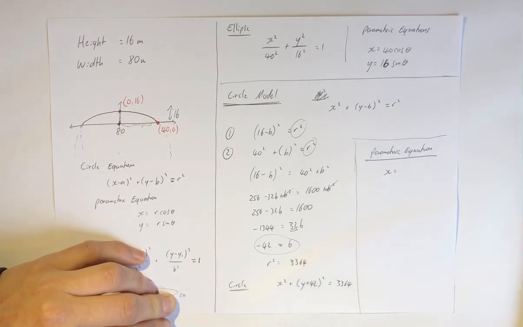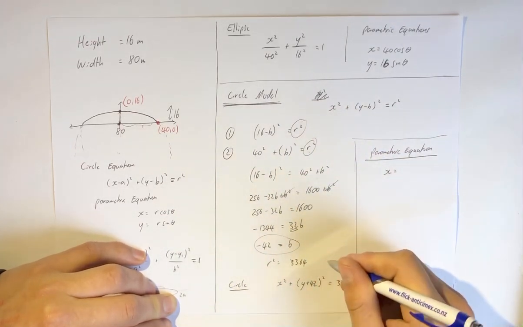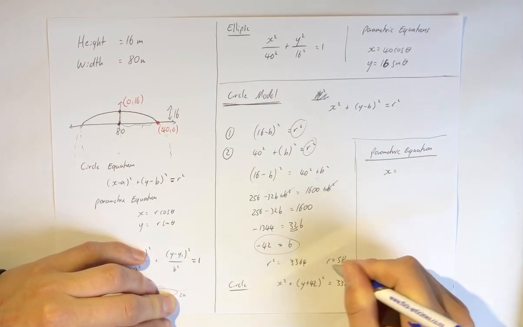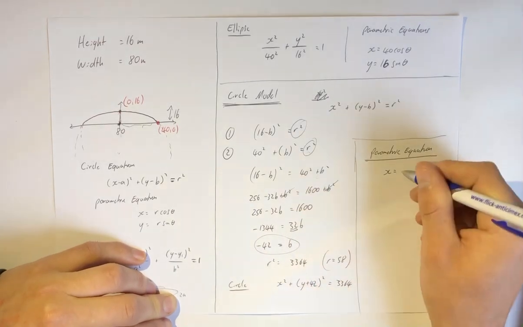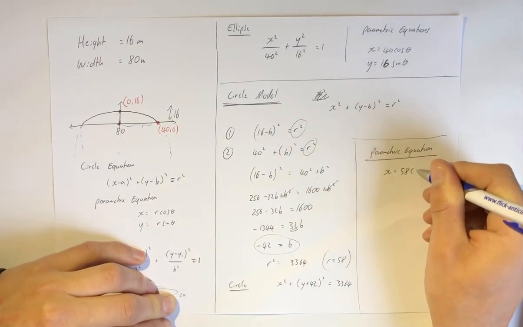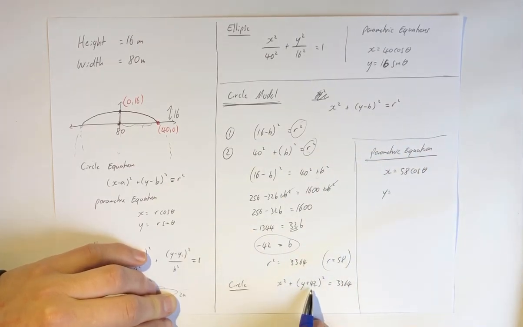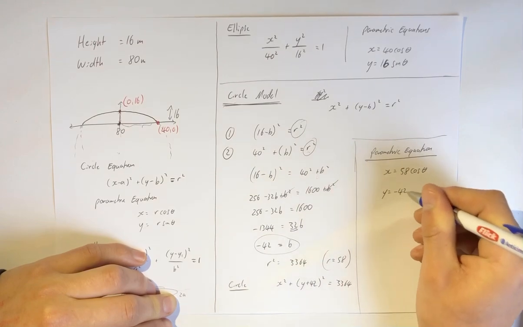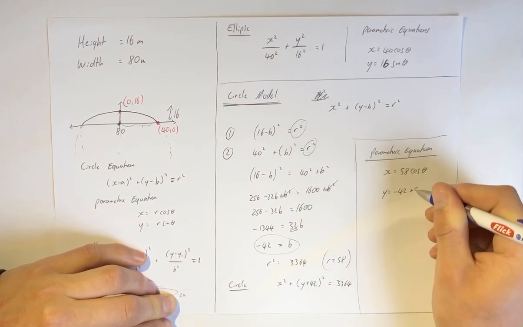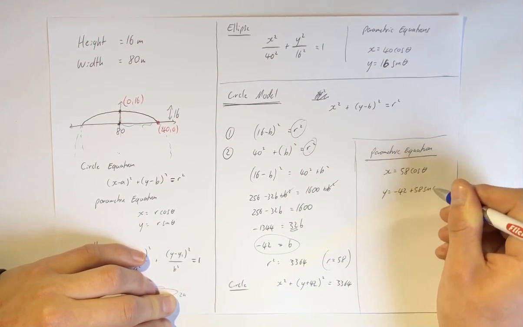Square root of 3364, 58, so r is 58, by the way, so that is 58 cosine theta, and y has a vertical movement of 42 downwards, so negative 42 plus 58 sine theta.